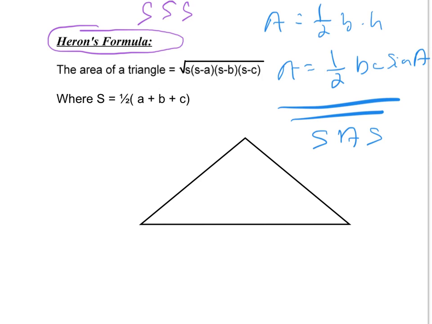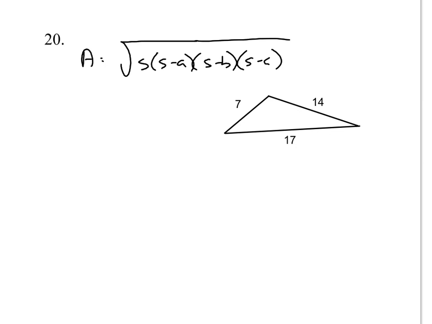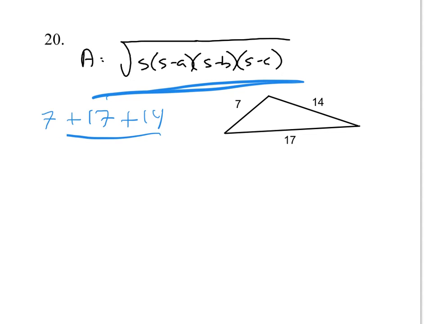Let's do one example. This is fun. So I want to find the area of this triangle. It has a side of 7, it has a side of 14, and it has a side of 17. So using Heron's formula, I know that my semi-perimeter is 7 plus 17 plus 14 divided by 2, which is equal to S. So therefore S is 24 plus 14 is 38, divided by 2 is 19.